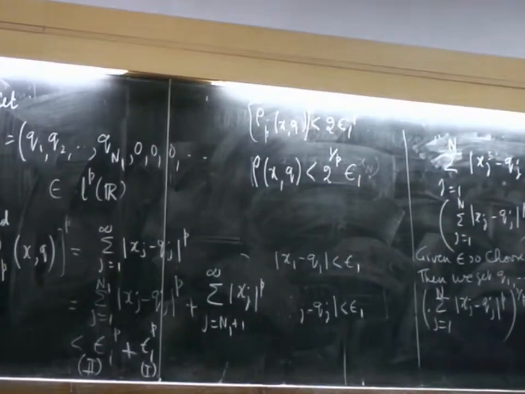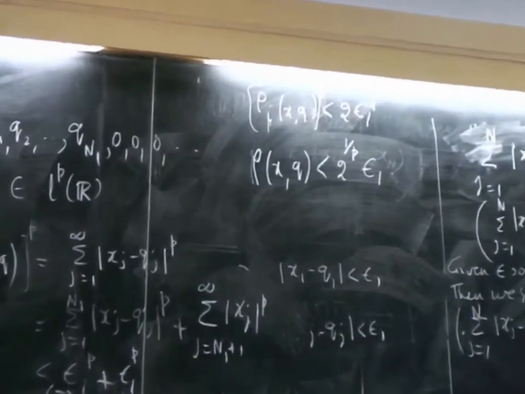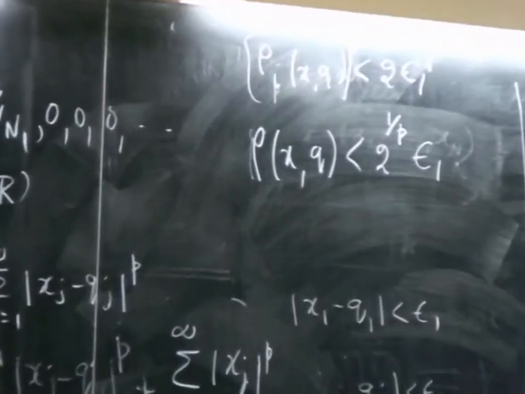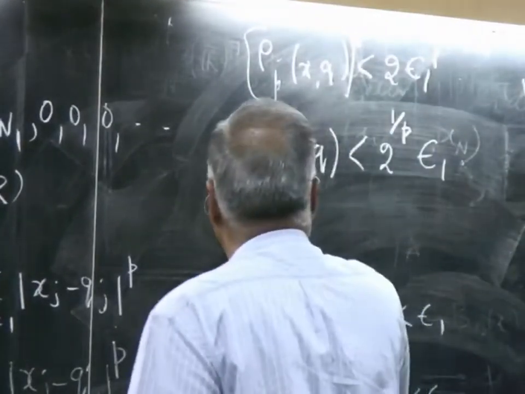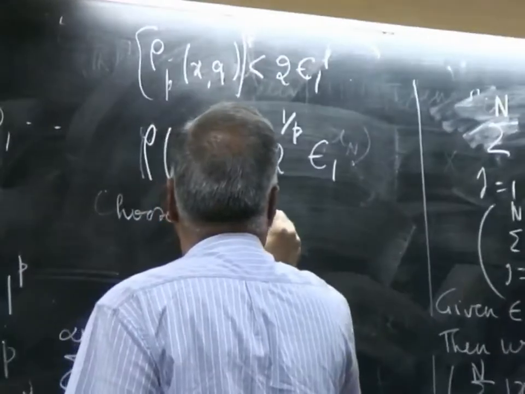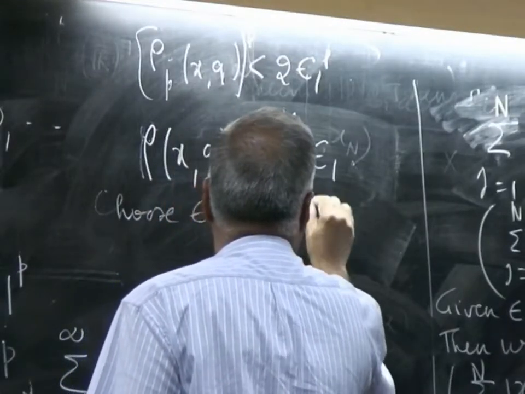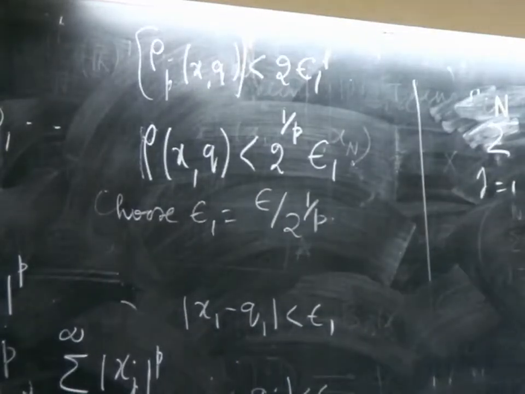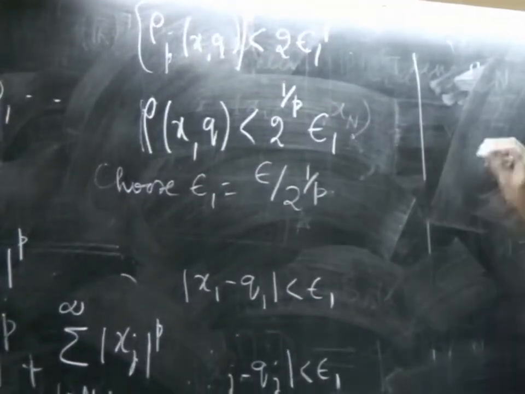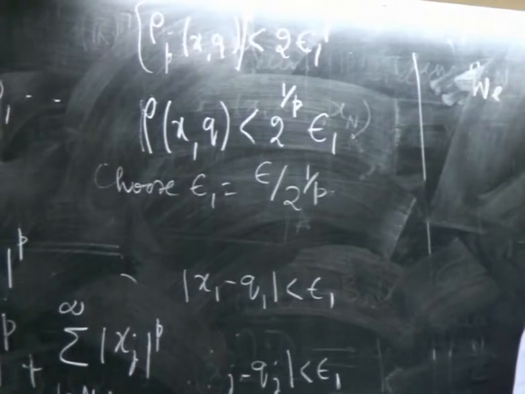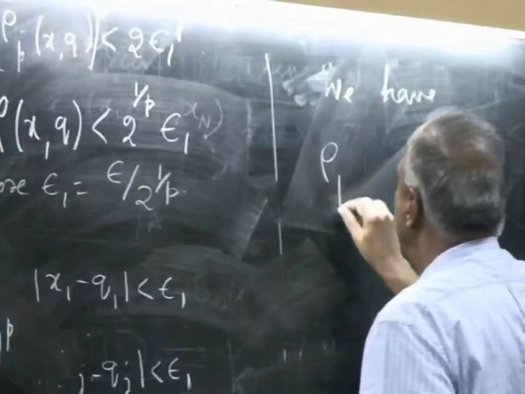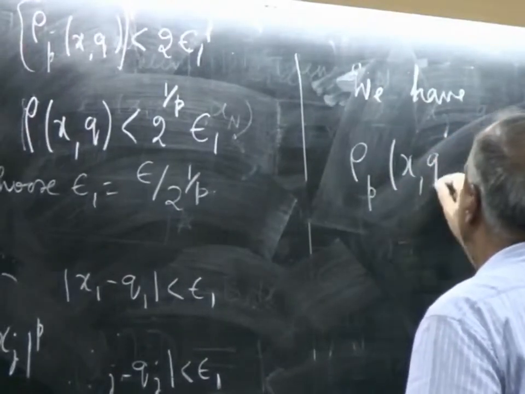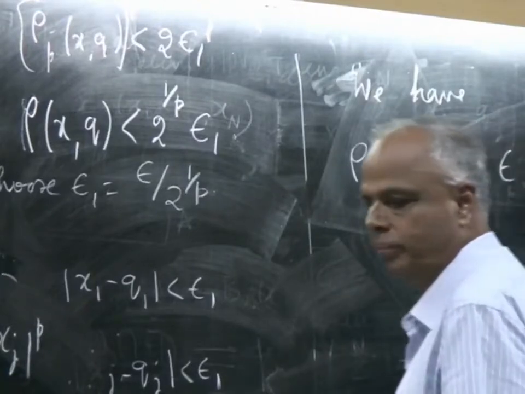If epsilon is given, I choose epsilon 1 to be epsilon by 2 to the power of 1 over p, and we have rho p of x and q is less than epsilon.